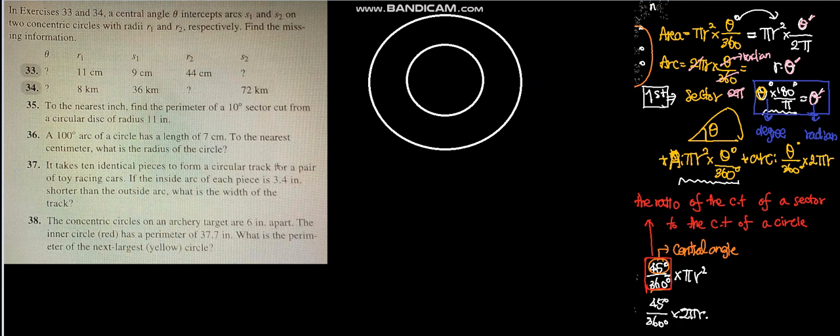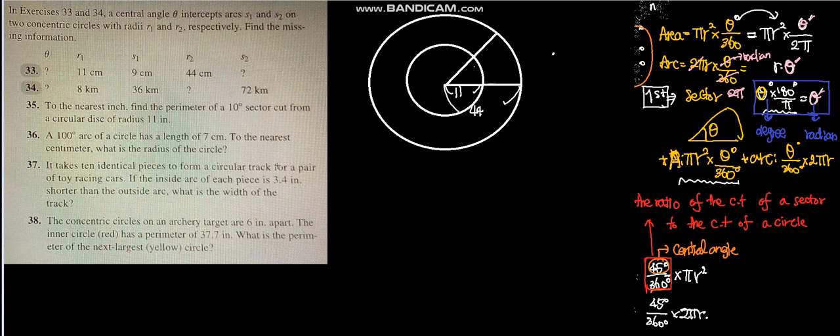You have the radius of a smaller circle and a bigger circle, and since you have sectors like this. They're not really drawn to scale, but anyways, R1 is 11, and then the bigger one is 44, right?